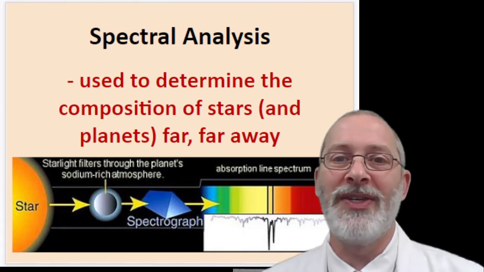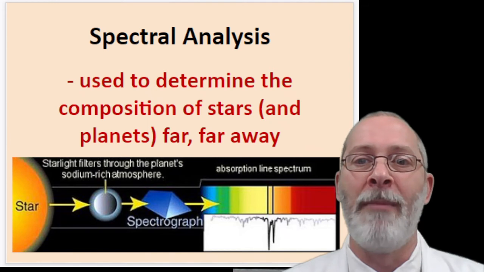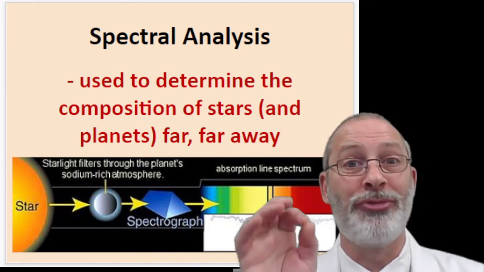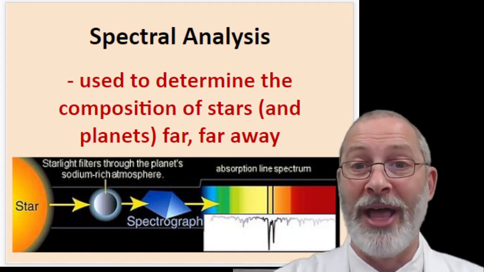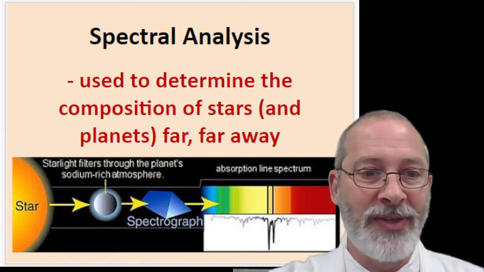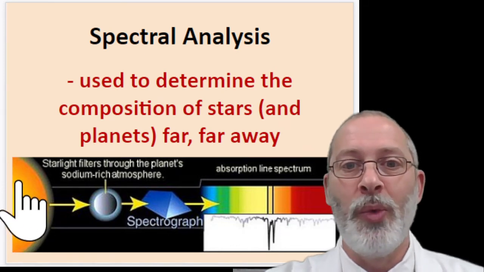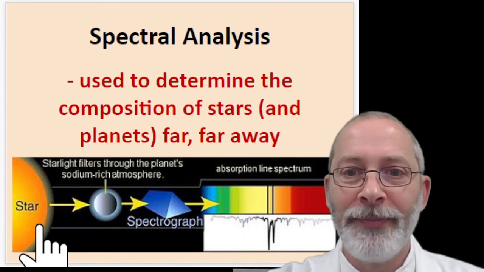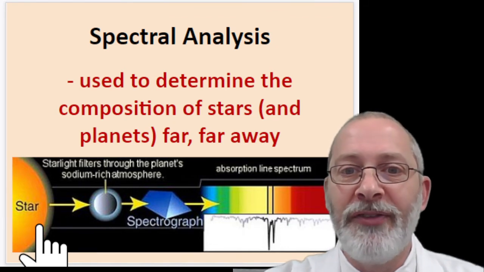Spectral analysis is used to determine the composition of stars and planets through reflected light off of a planet far, far away. And it basically works in this form. We have a star shining light. That starlight filters through.